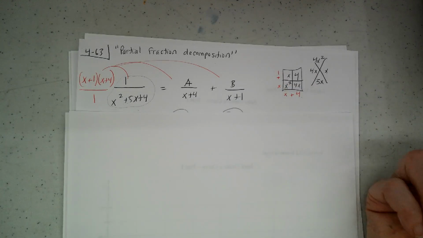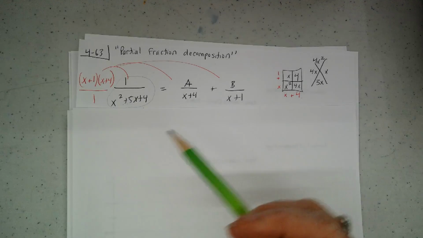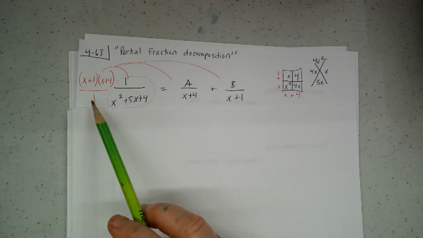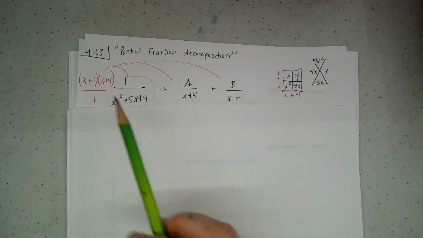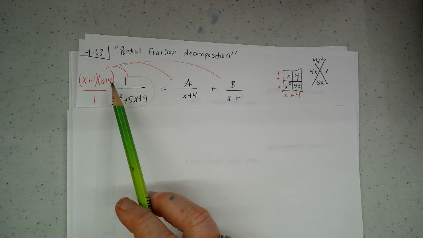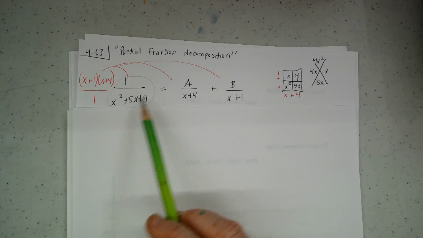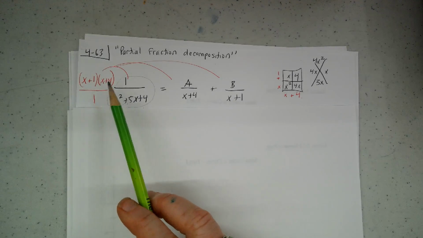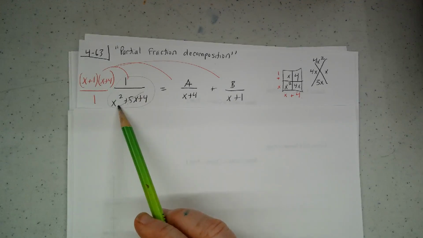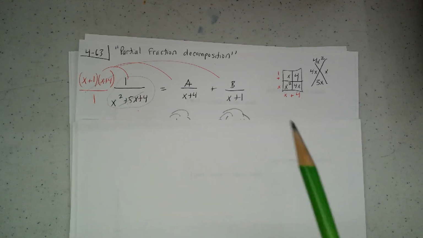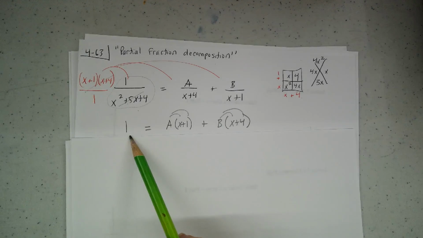The second step you want to do is to clear fractions. So what I did is I multiplied both sides by x plus 1 times x plus 4. And since we know that x squared plus 5x plus 4 is the same exact thing as x plus 1 times x plus 4, these cancel out, and it gives me a 1.